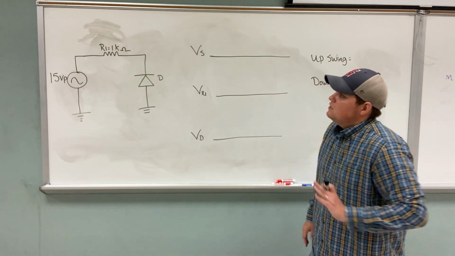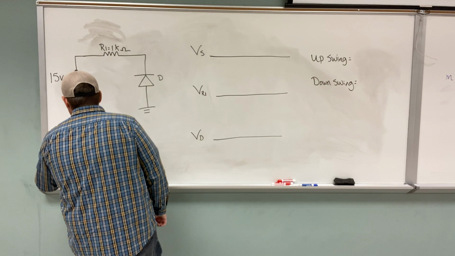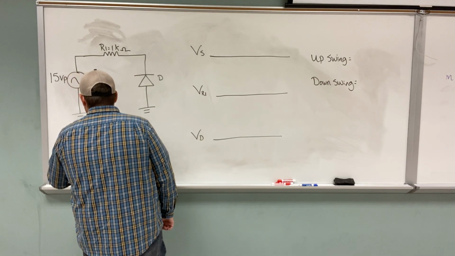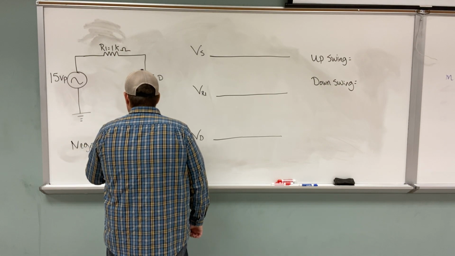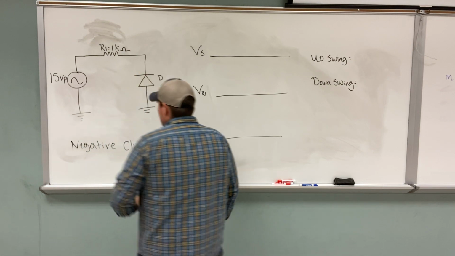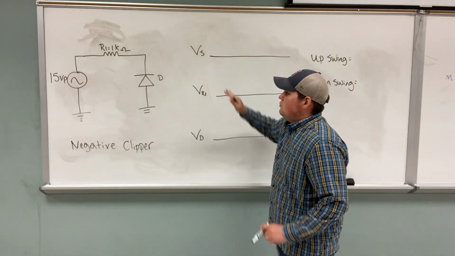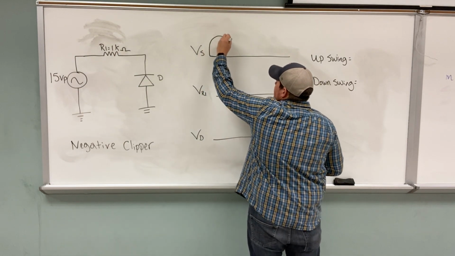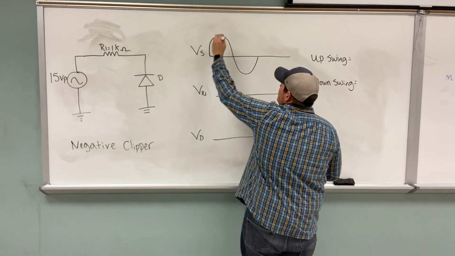Okay? So let's look at this. And this is what we are going to call a negative clipper. Okay? So, again, VS is always going to be just your typical sine wave, and it's labeled whatever your source is.